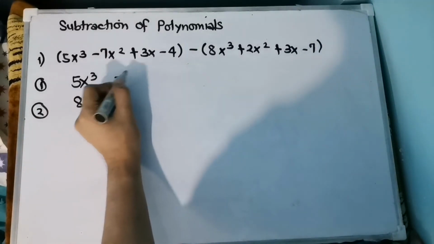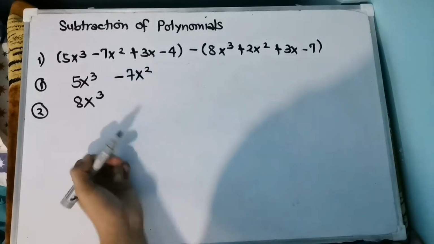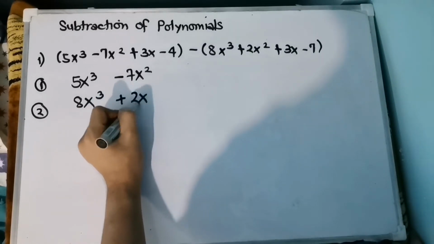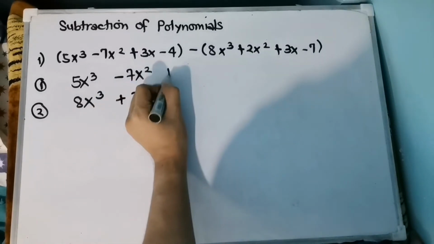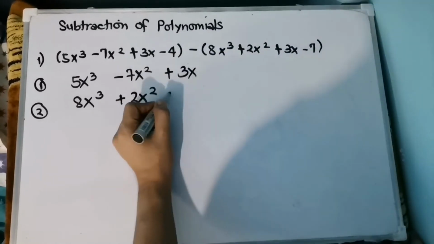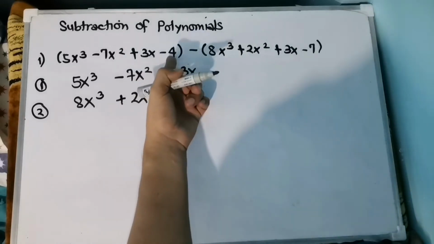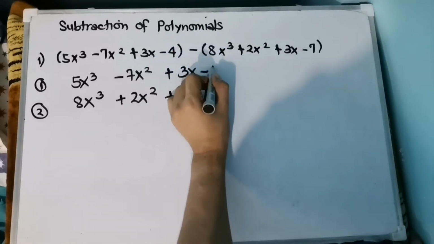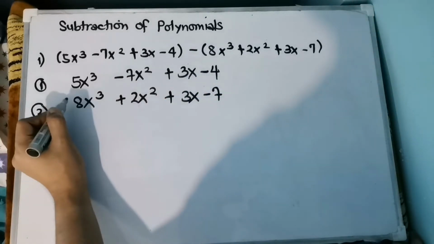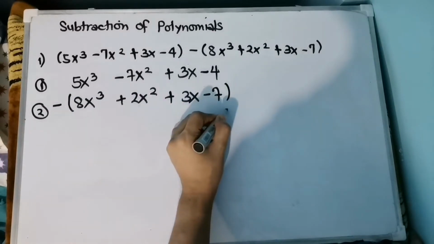Then we have negative 7x squared, and on the other side positive 2x squared. We have positive 3x and positive 3x. And then we have negative 4 and negative 7. So, this is subtraction.